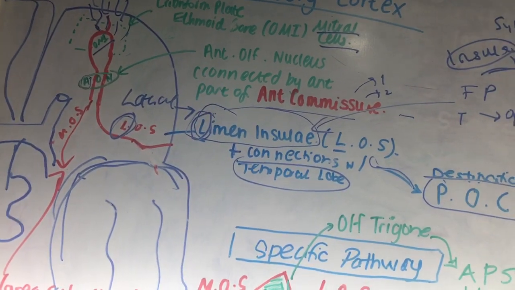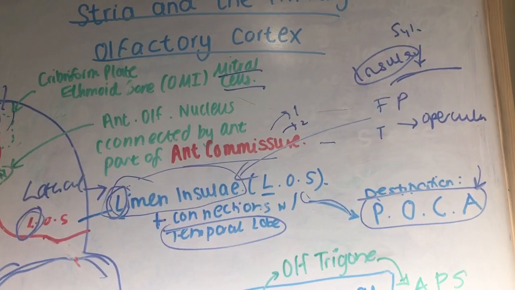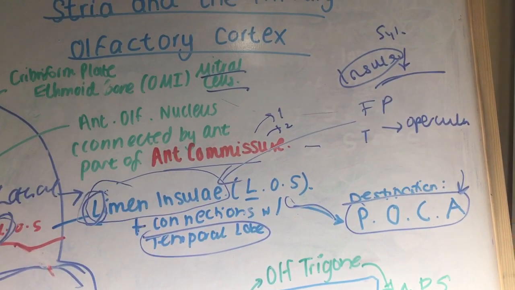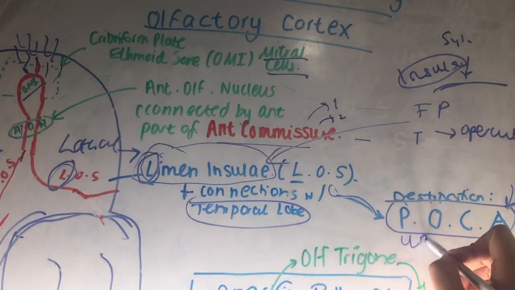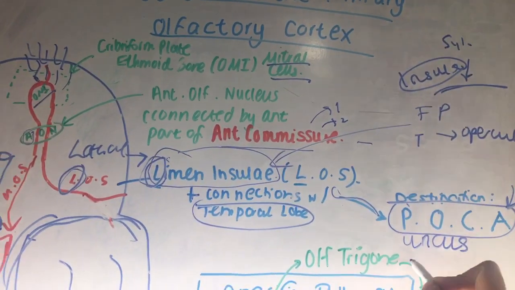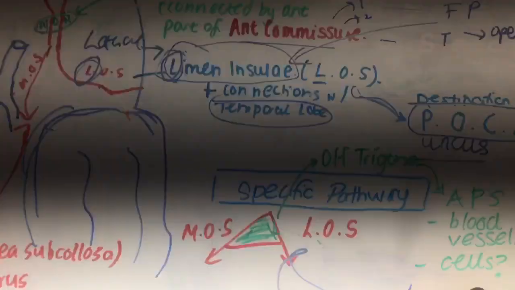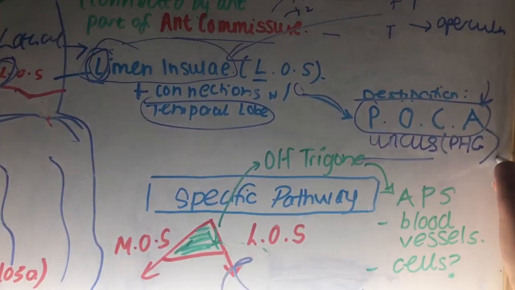Now if we go on to describe the primary olfactory cortical area as well as the amygdaloid body, you'll find that this is found in a number of different regions, but it's mainly found within the uncus. What was the uncus? It was kind of like that terminal part of the parahippocampal gyrus.